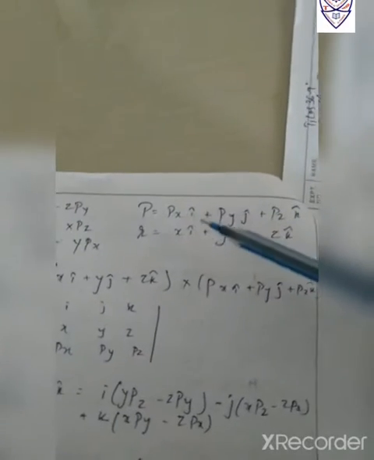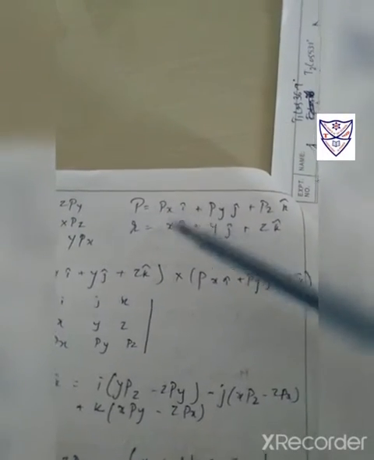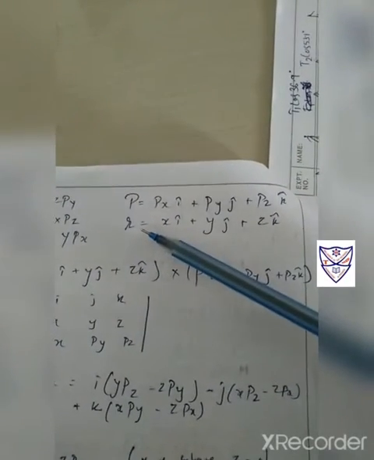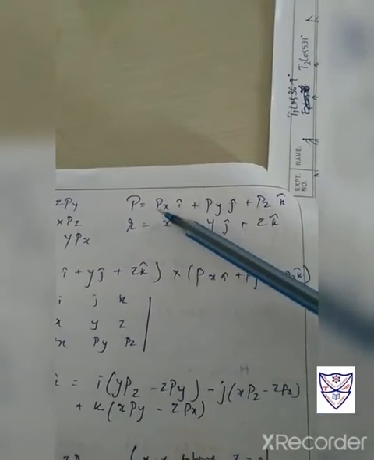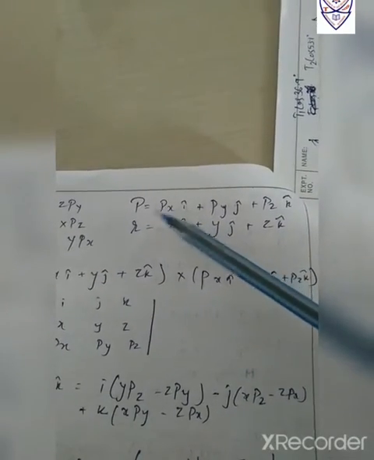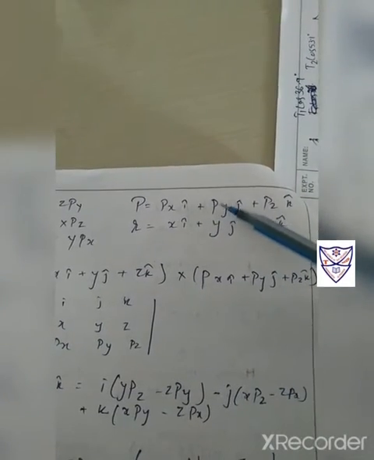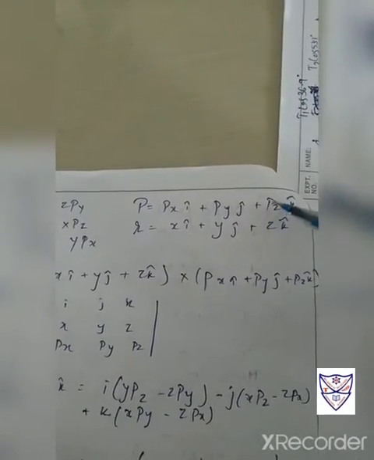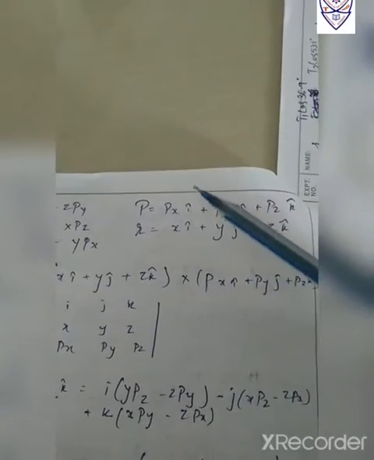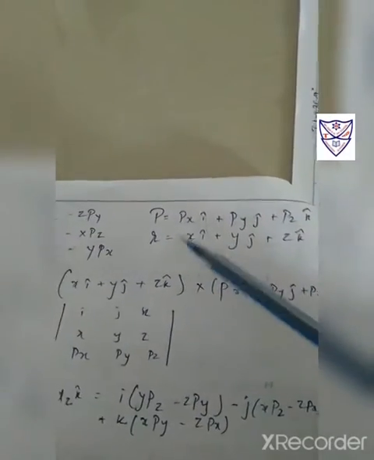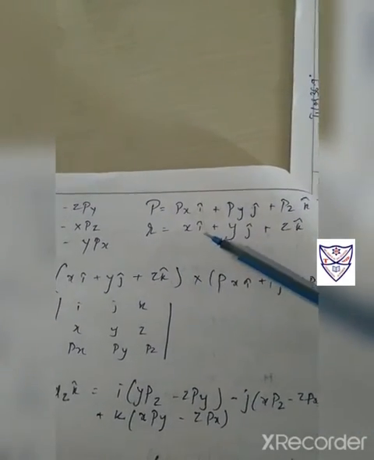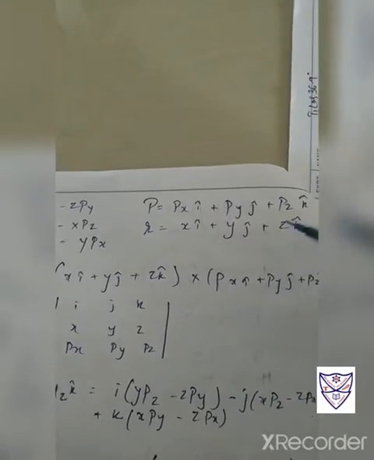Moreover, we know that your total momentum P and position vector R can be written in equation form as, for P you can write Pxi, Pyj and Pzk. That's a projection vector. For R you can write xi, yj plus zk.